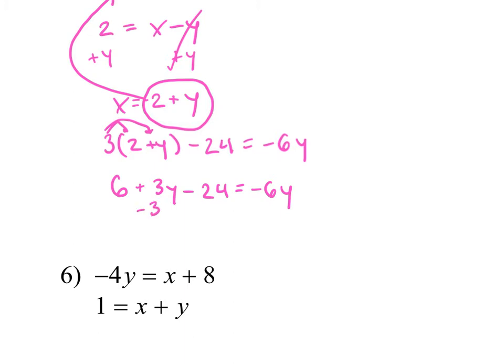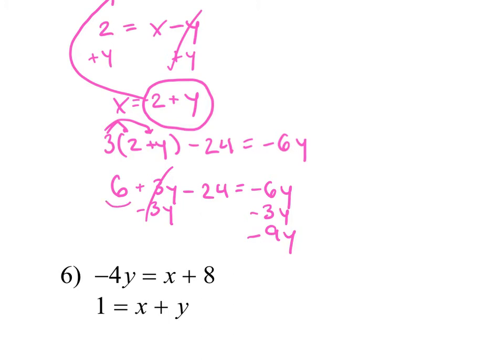Perfect. So we can subtract 3y on both sides, so it'll cancel out there. What is negative 6y minus 3y? So we're just adding them, so it'd be negative 9y.